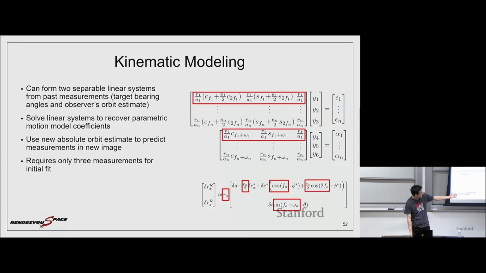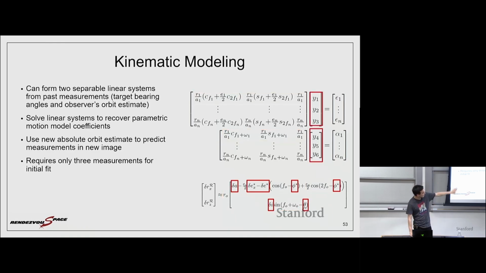On the left-hand side, we have all these terms in the mapping, and this is all the stuff that comes from the known absolute orbit of the observer spacecraft. And we have these quantities y, which is what we can solve for using this method. These y quantities are essentially just scaled equivalents of the relative orbit elements in bearing angle space.